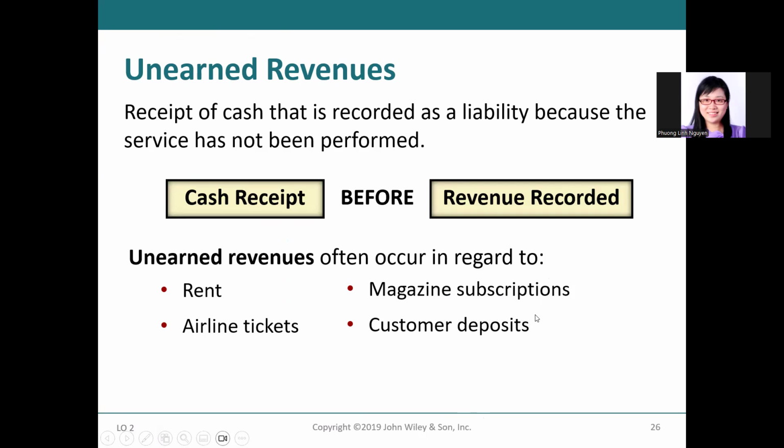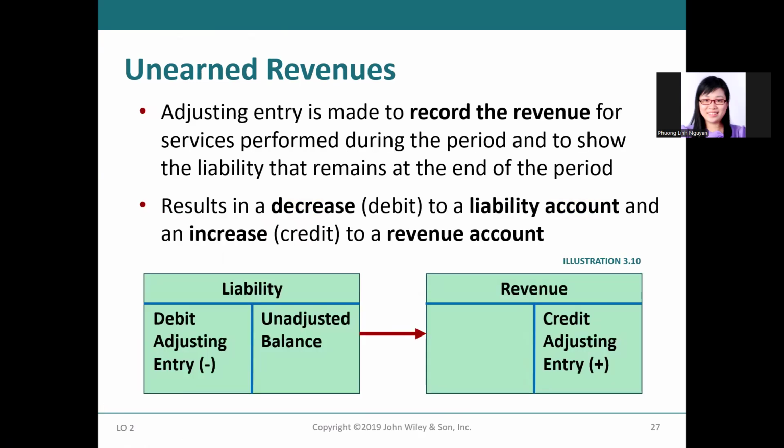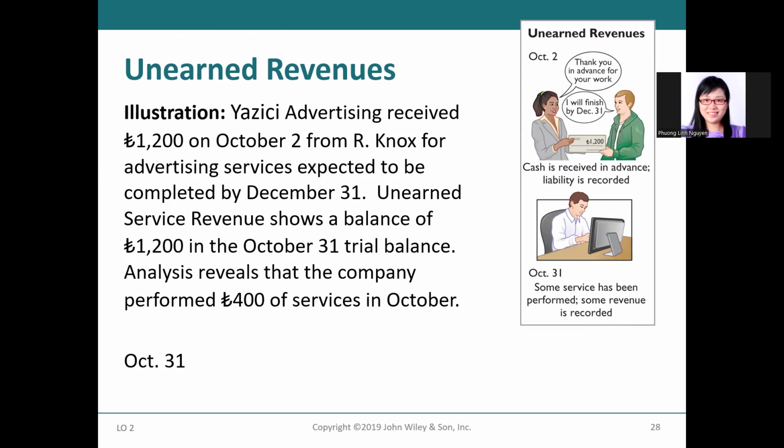Normally for rent, you will pay 6 months in advance, or when you buy an air ticket, you pay the money in advance before you use the service. We receive the money in advance before we provide the service to the customer. If you are a news company, you will receive the subscriptions for the magazine in advance. So these are examples of unearned revenues.